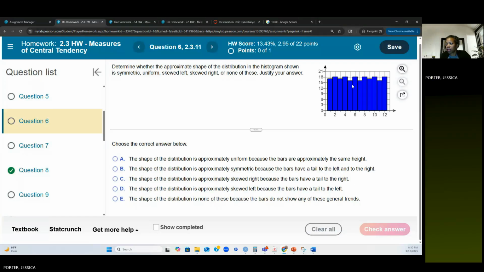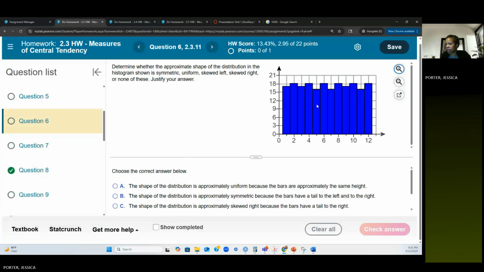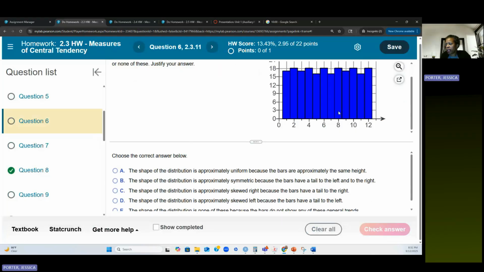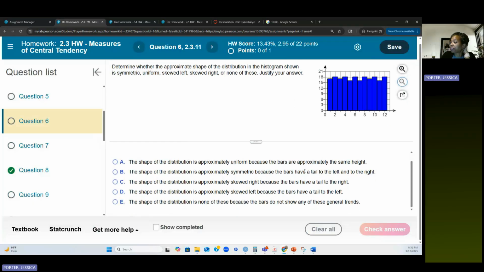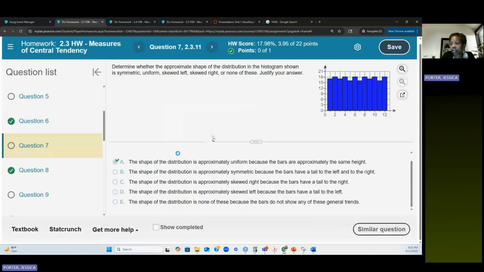This we would consider to be uniform. You can pop this out if you need to look at it in a bigger way, or you can just enlarge it where it's at. And why? Because the bars are approximately the same height. They're not necessarily the same height.